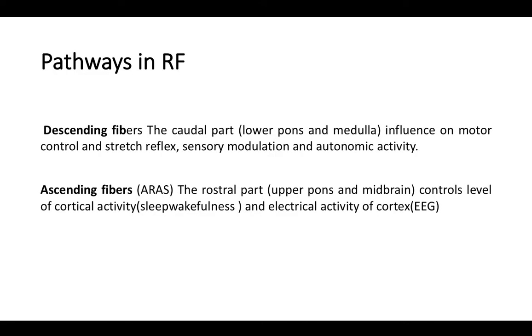Descending fibers originate in the caudal part of the reticular formation of the brainstem and influence motor control and stretch reflex, and also do some sensory modulation and autonomic activity. Ascending fibers, or the ascending reticular activating system, originate in the rostral part of the brainstem and control the level of cortical activity in the sleep wakefulness cycle.